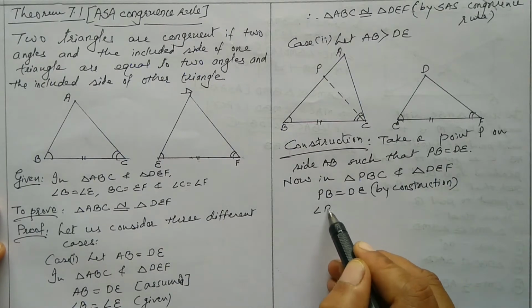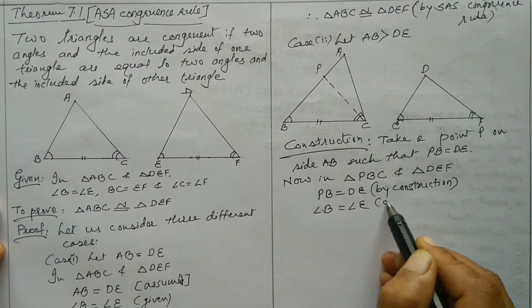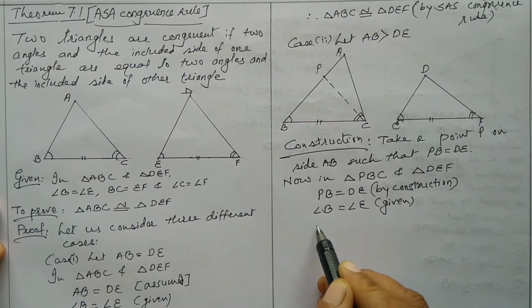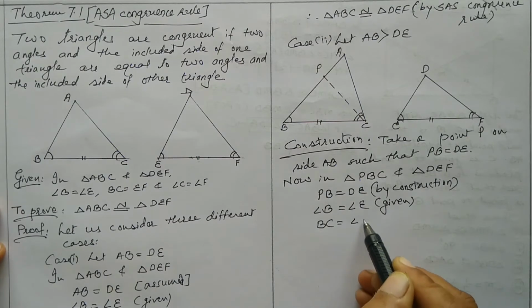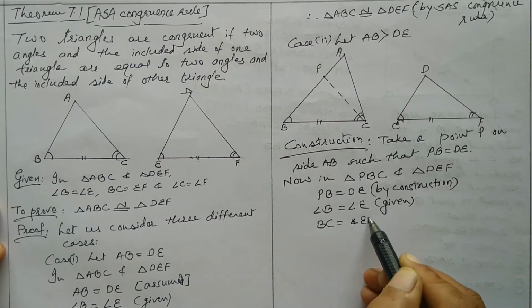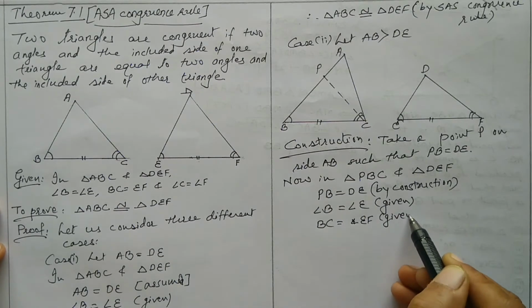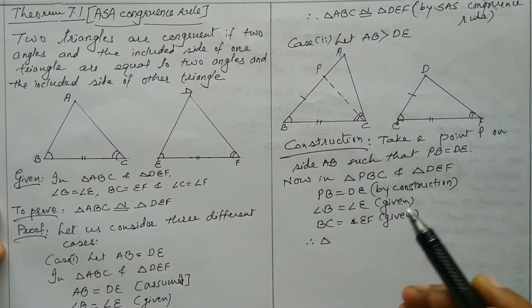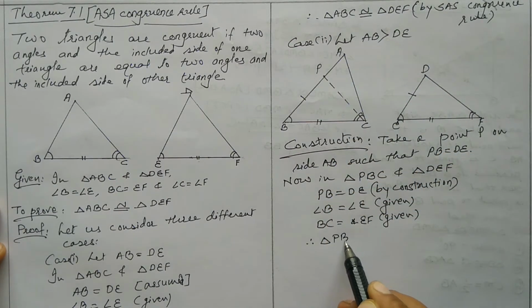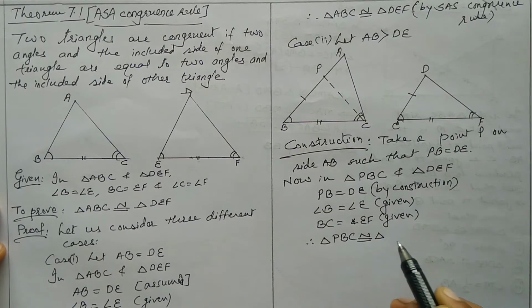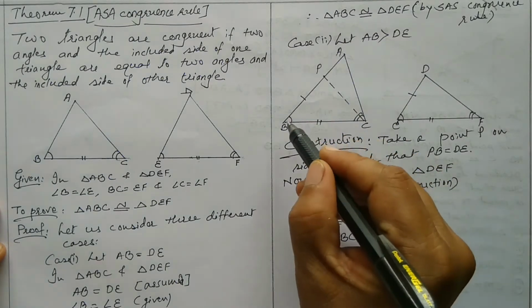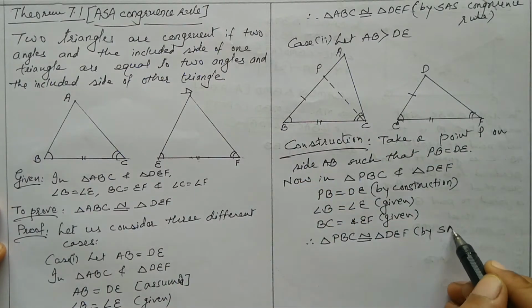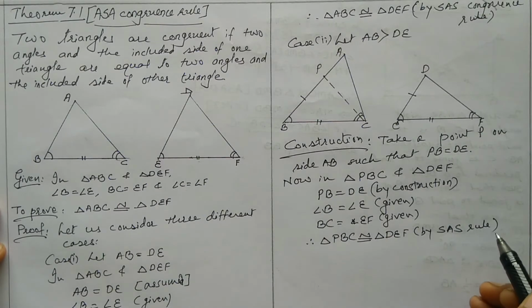Angle B is equal to angle E, given to us, and BC is equal to EF, this is also given. Therefore triangle PBC is congruent to triangle DEF by side angle side, SAS rule. So we proved these two triangles PBC and DEF congruent.